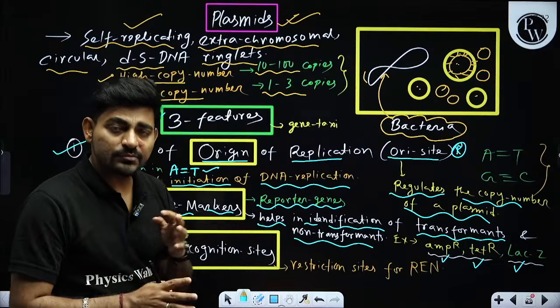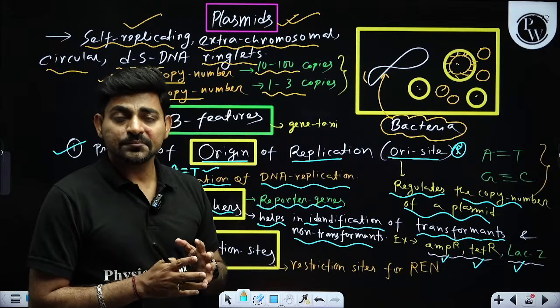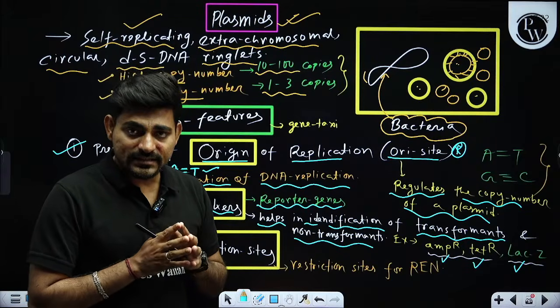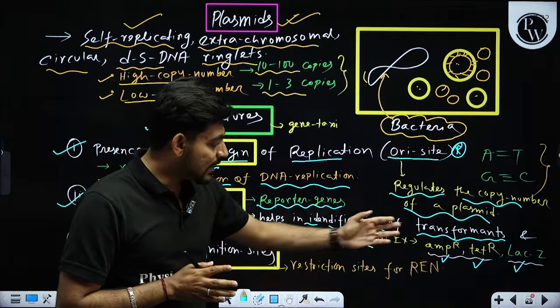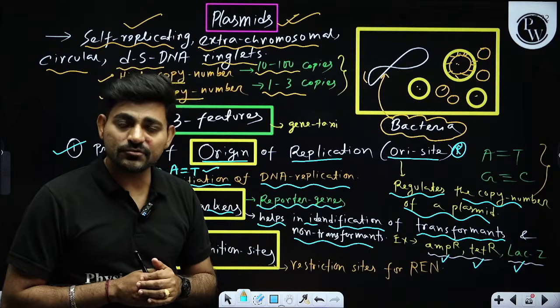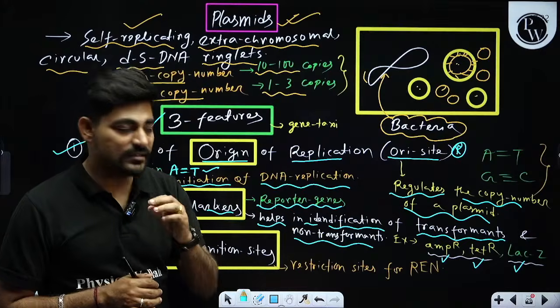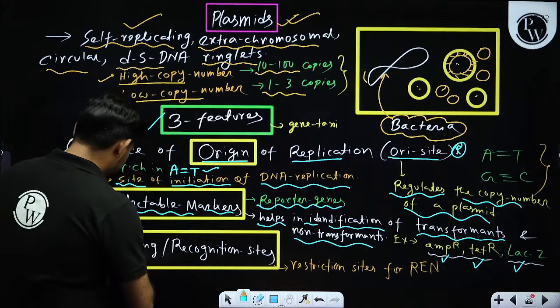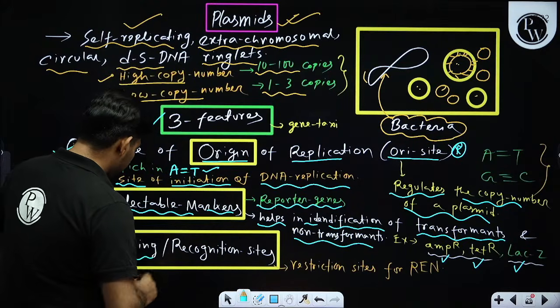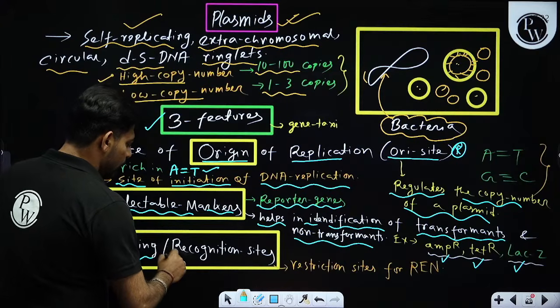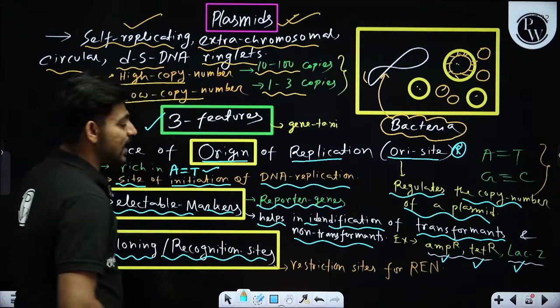Though most of the times we use antibiotic resistant genes, sometimes the LacZ gene is also used as reporter gene or selectable marker. Next, the third criteria you have to search for is the cloning or the recognition site.